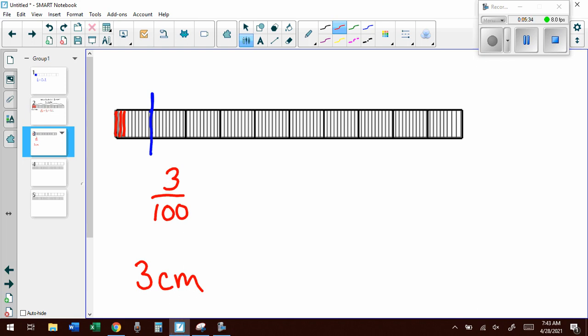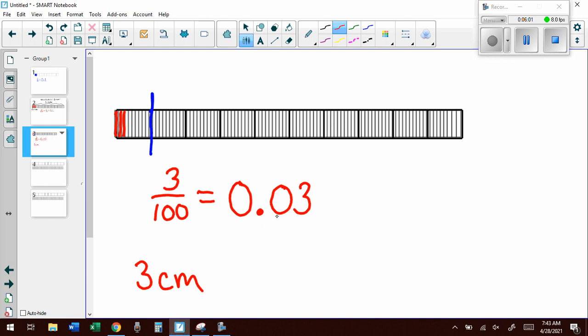And to write this in decimal form, we have not shaded in one whole piece, so we have 0 ones. And we have not shaded in 1/10 yet, so we don't have any tenths. And we've shaded in 3/100ths.